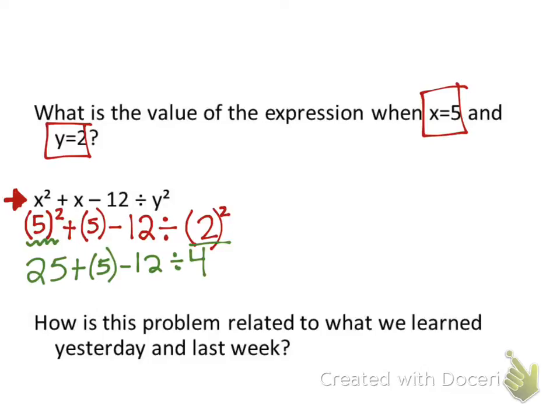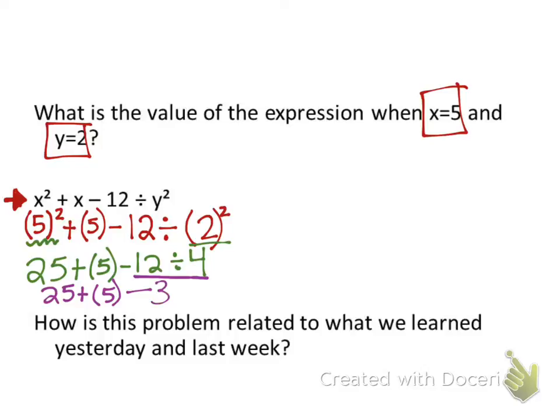All right, what next for order of operations? Yes, we have to do division next in this particular problem. So I still have the 25 plus 5 minus, but instead of 12 divided by 4, what am I going to put? 3, because 12 divided by 4 is 3.